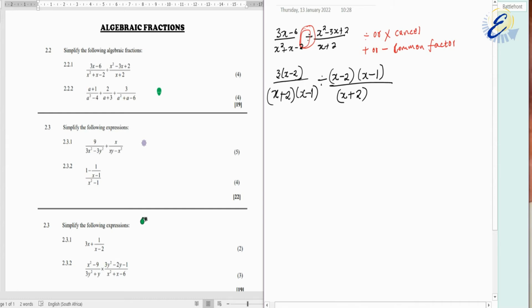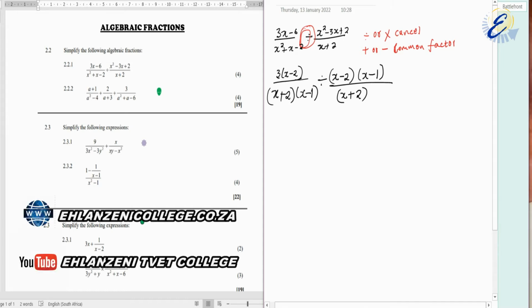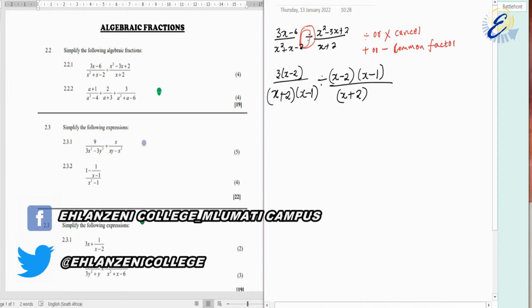Now, you cannot just leave it as divide again. If there is a consecutive division, it means you have to multiply.